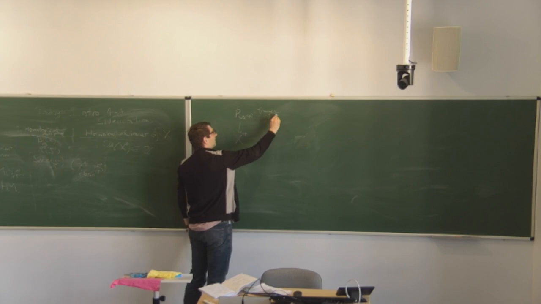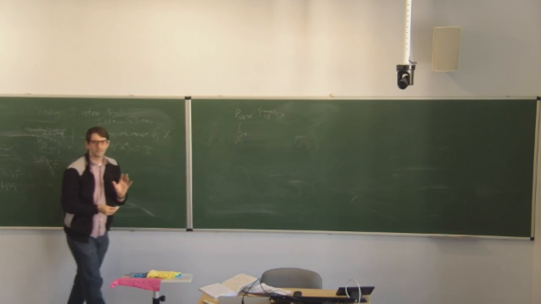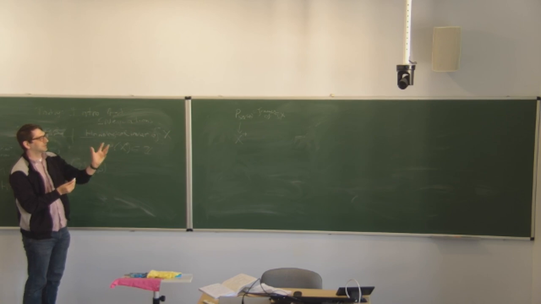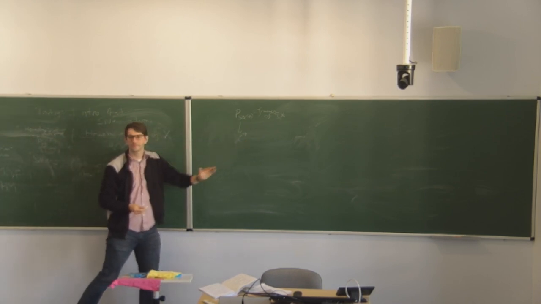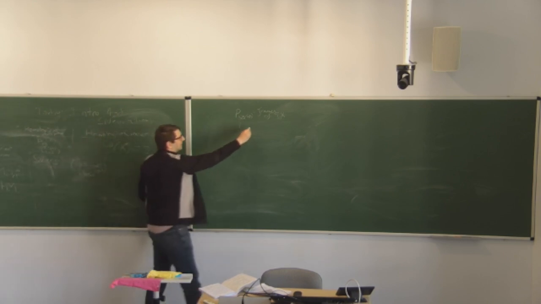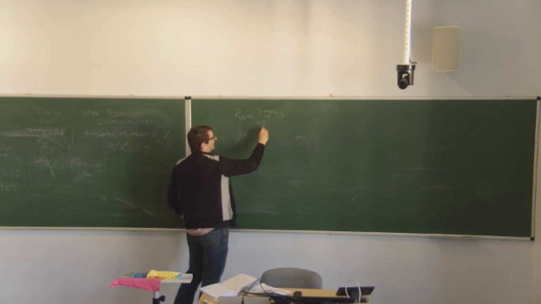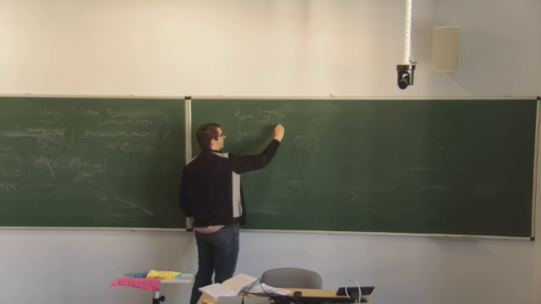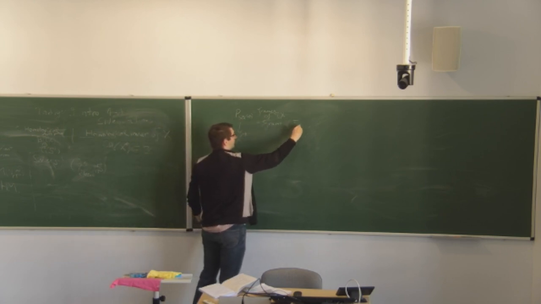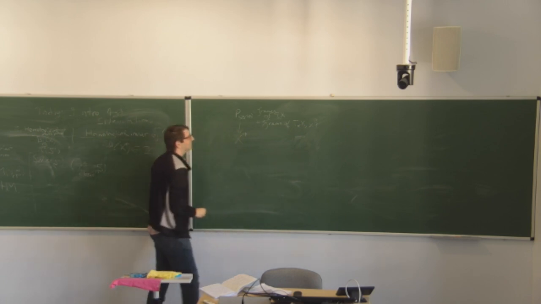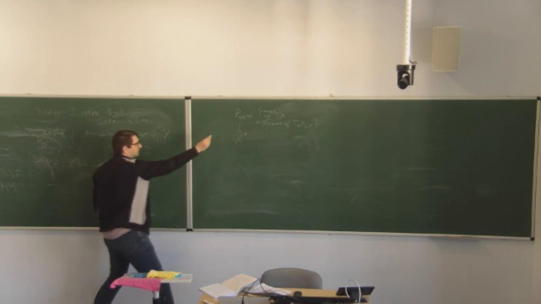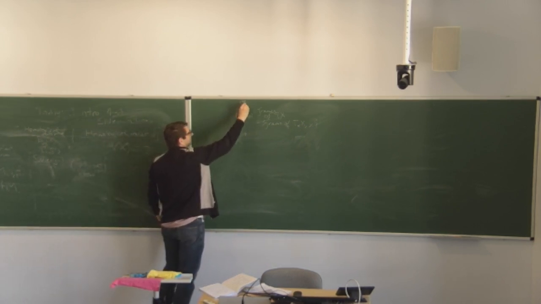So the frame bundle is the set of maps from R4 to the tangent space T_x of your four-manifold, a frame of T_x together with a point in the base. But of course, this is a principal bundle with fiber SO4.